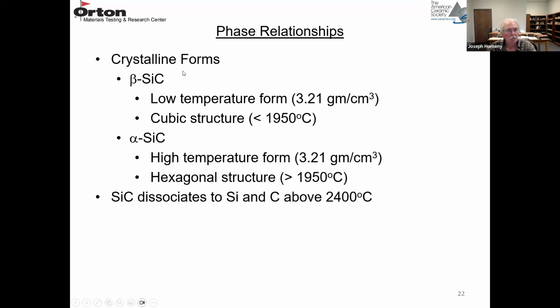There are 2 basic crystalline forms of silicon carbide, beta silicon carbide and alpha silicon carbide. So beta silicon carbide is the low temperature form.